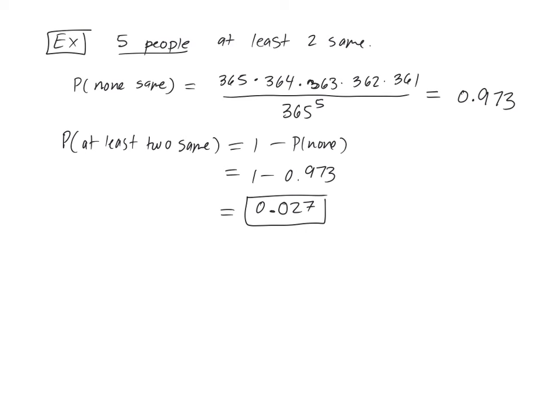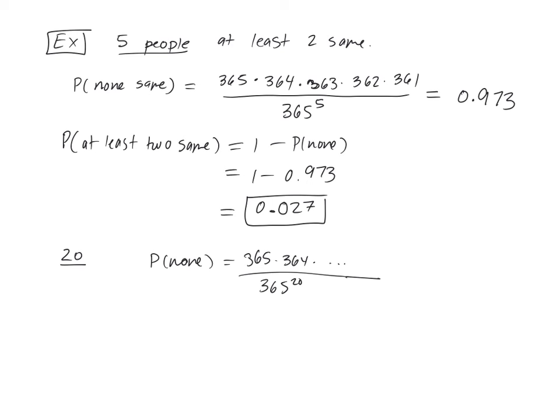I'll talk about what would happen if I had 20, and then I promise I'll stop, okay? So if I'd had 20 people, you do it the same way, right? Except it's going to suck more. The bottom is going to be 365 to the 20th. The top is going to be 365, 364, and so on. Let's think, how far down do we go? 365 minus 5 is 360, right?